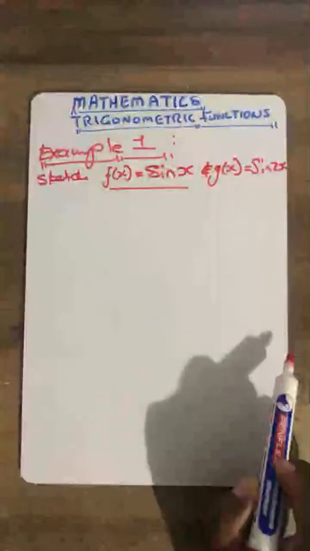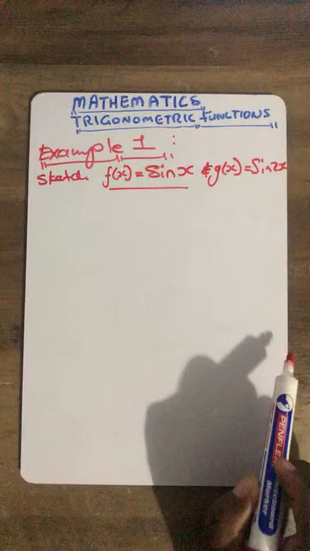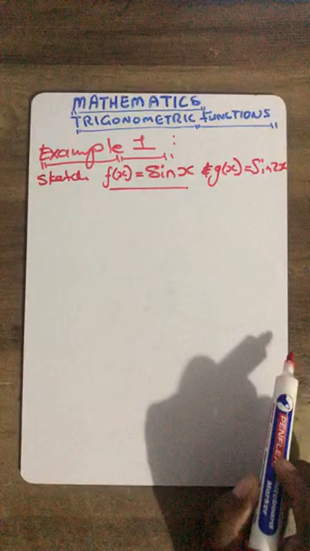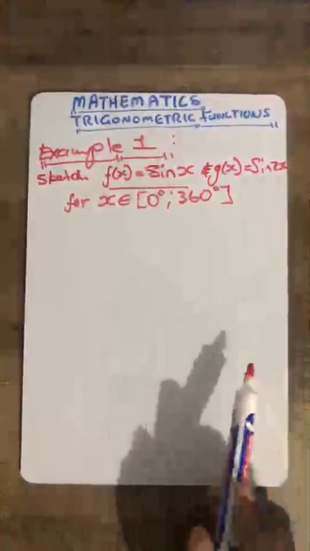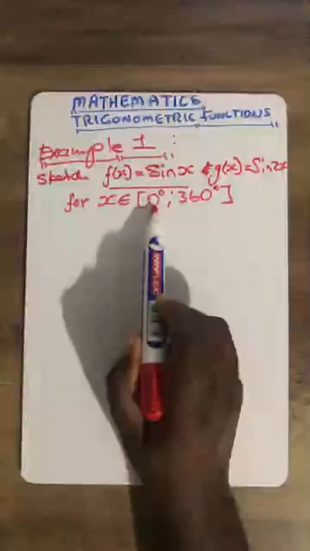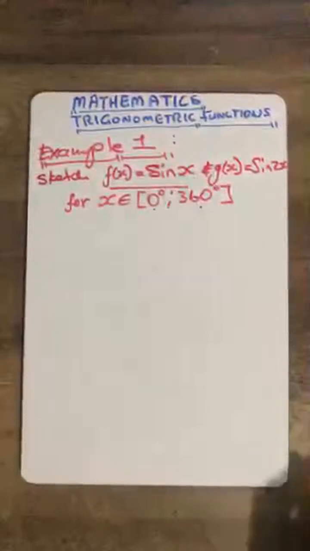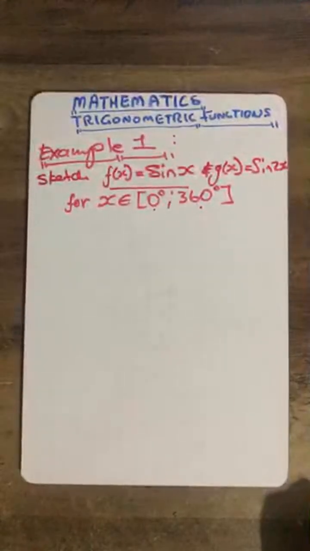In most cases they give you the range, where they say for x being an element of 0 degrees up to 360 degrees. So when you sketch your function, start from 0 up to 360 degrees.